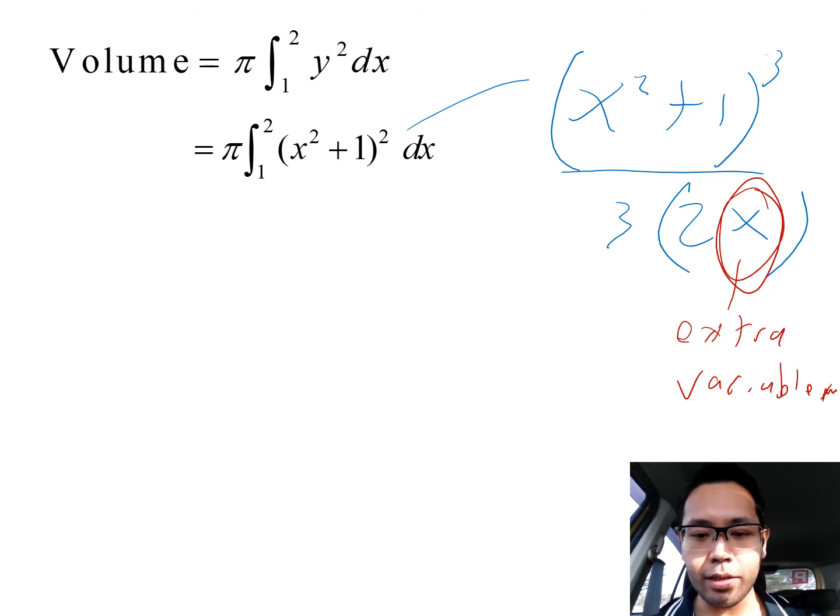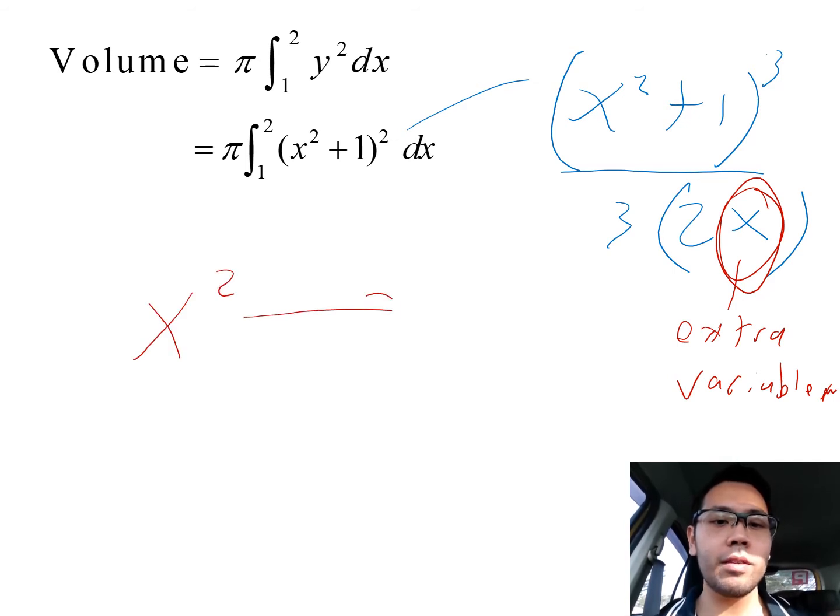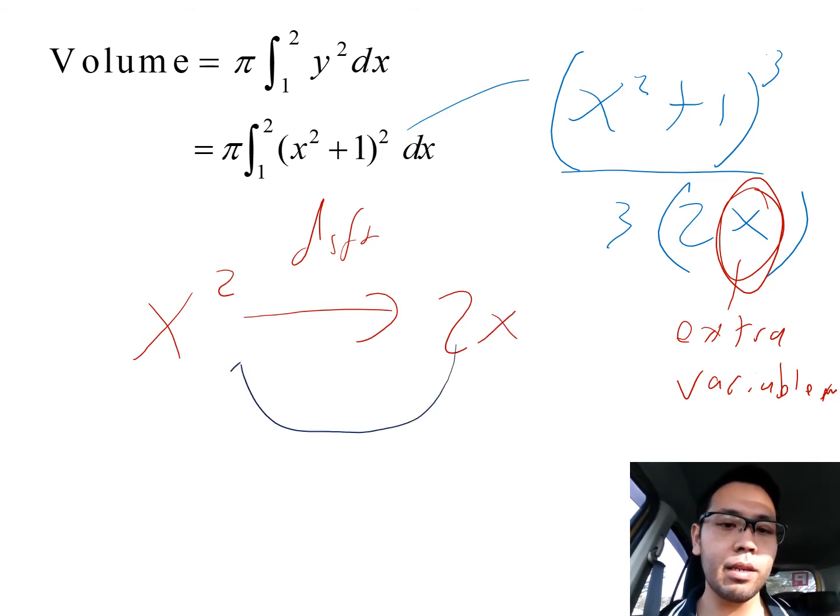I can tell you even further. Normally, let's say something as simple as this: x squared, if I differentiate, I get 2x. And if I integrate 2x, I get myself back to x squared.